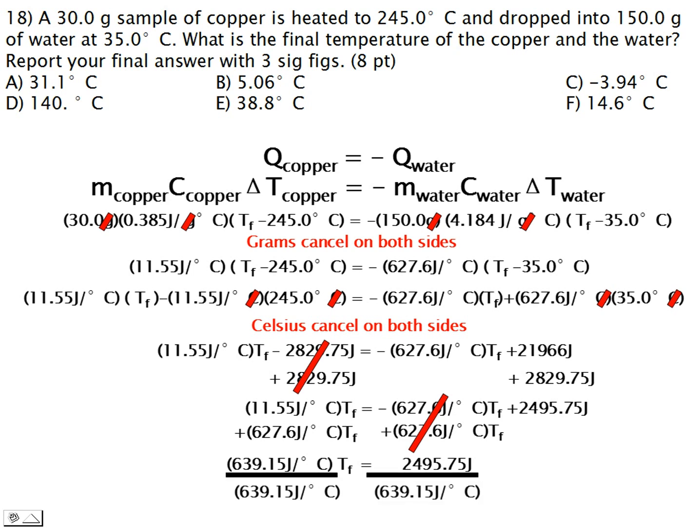When doing so, we notice that the joules on the right-hand side cancel out, and so does the number 639.15 joules per degree Celsius on the left-hand side, and we're left with T final at 38.795 degrees Celsius. And when we look back into our problem, we have to give our final answer with 3 significant figures, 38.8 degrees Celsius. And our answer is E.